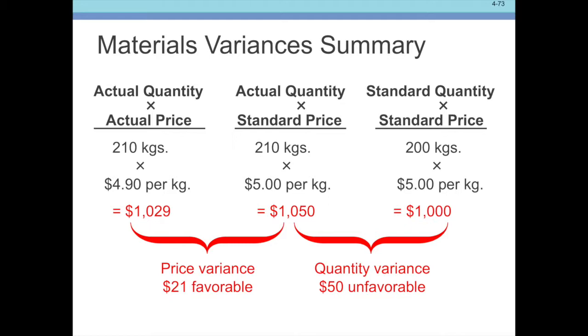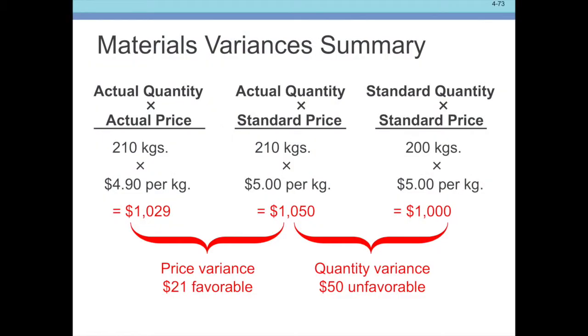We actually spent $1,029, and then if we subtract column 2 minus column 1, which is the $1,050 minus the $1,029, you will see a price variance of $21 favorable. So we spent 10 cents less per kilogram on our material, we should have spent $5 instead of $4.90. And therefore, over the 210 kilograms, we saved $21.